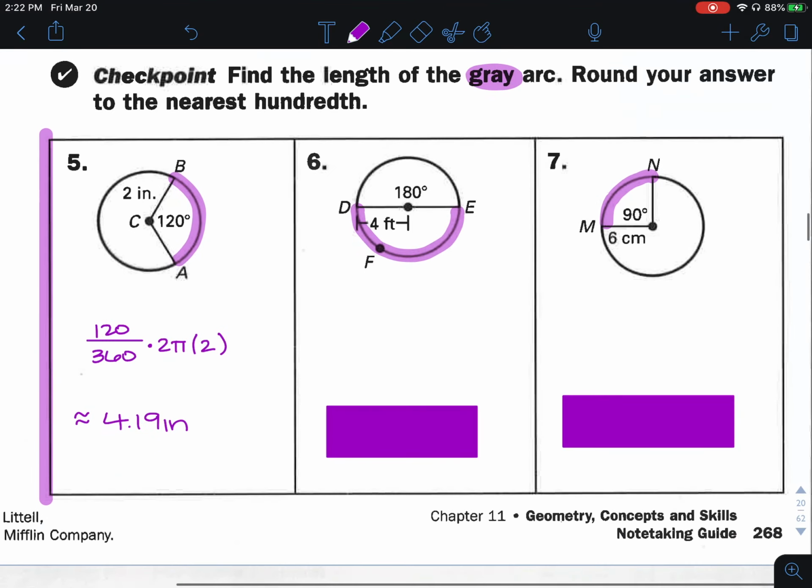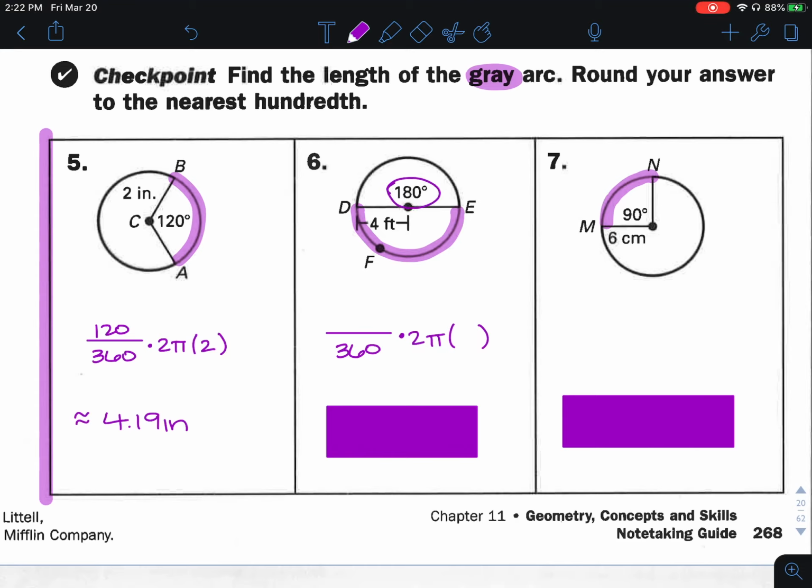All right, let's set up number 6. So I have something over 360 times 2 pi r, which is my radius. That something again is 180. The top part is 180.